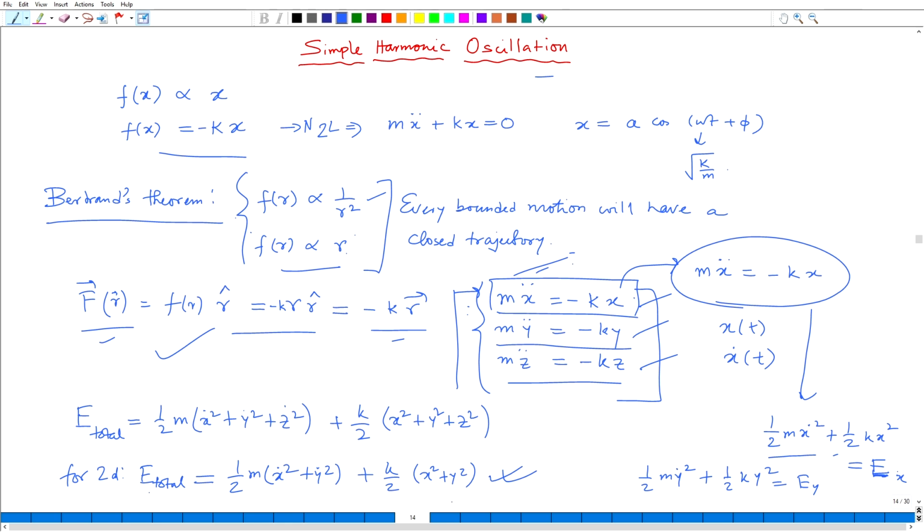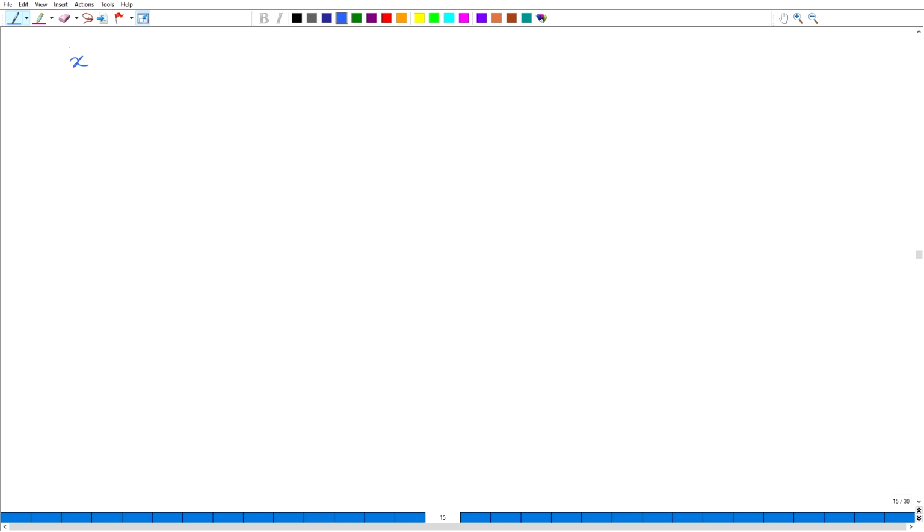Now, if we know this is conserved, then for 1D motion I can also solve this and find the trigonometric solution. I write the equation x double dot plus omega square x is equal to 0, where omega is equal to root over k by m.